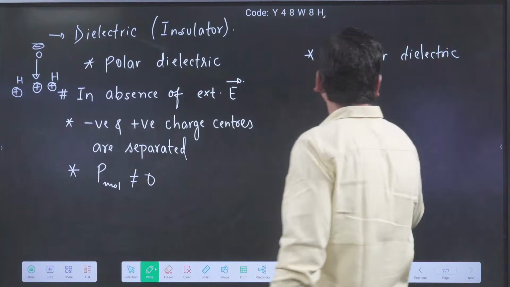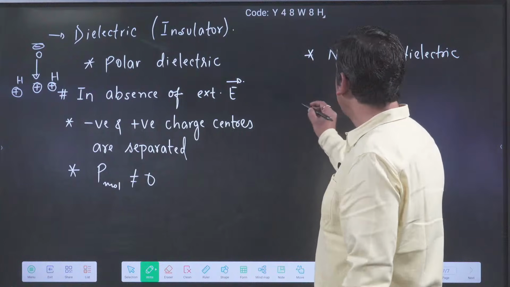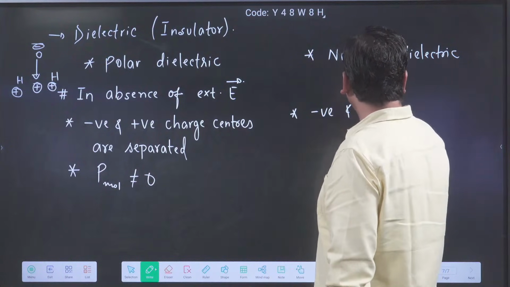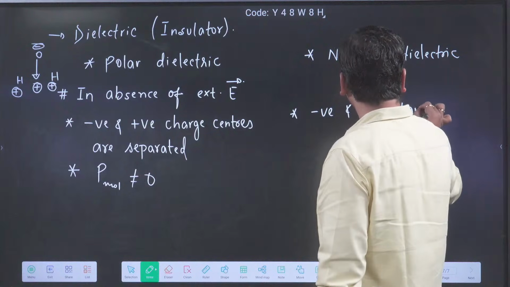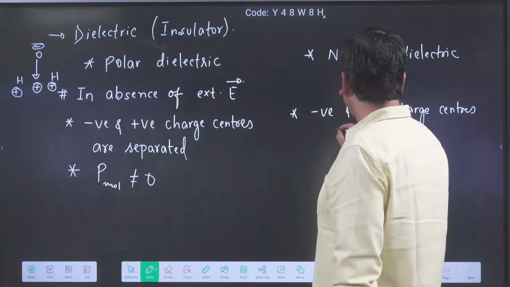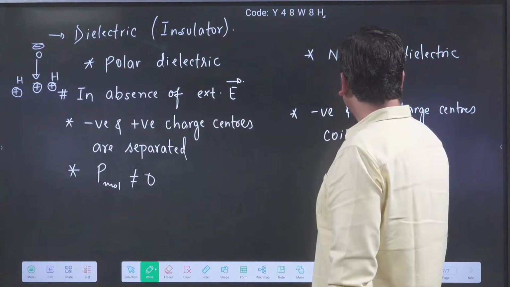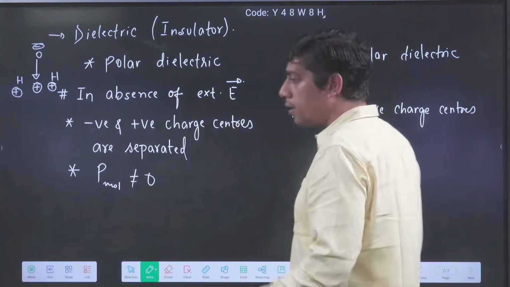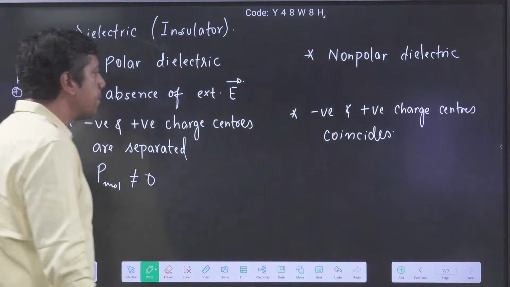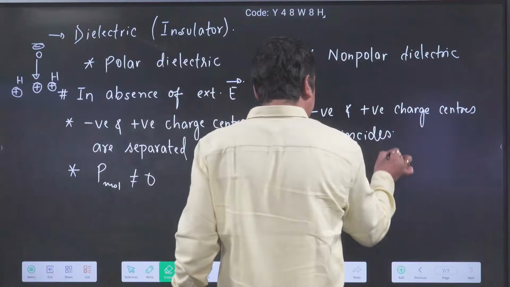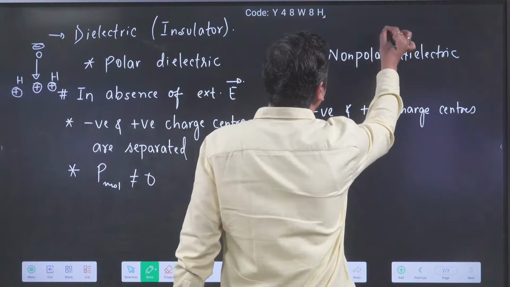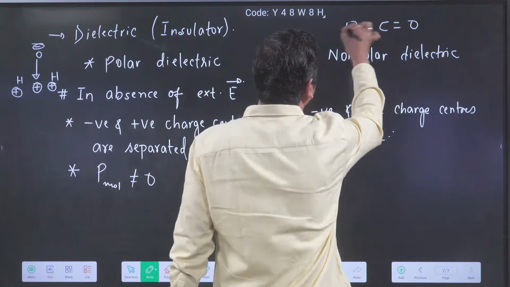Okay? Now come to this one. Here, negative and positive charge centers coincide. Now, if they coincide, I'll take an example like CO2.